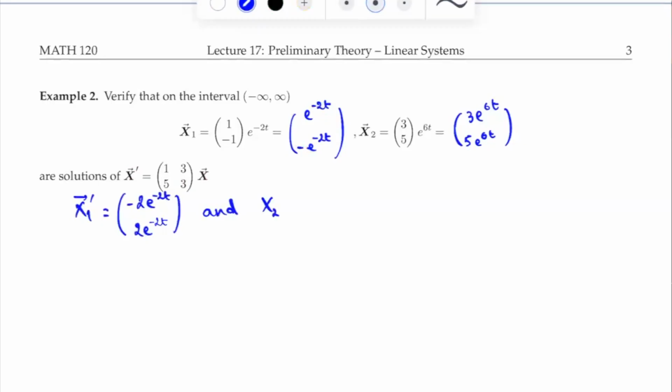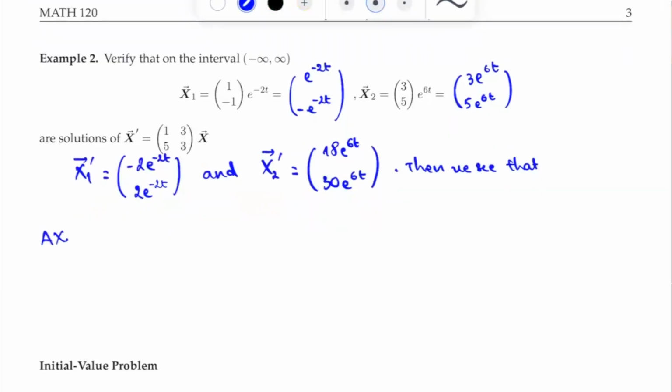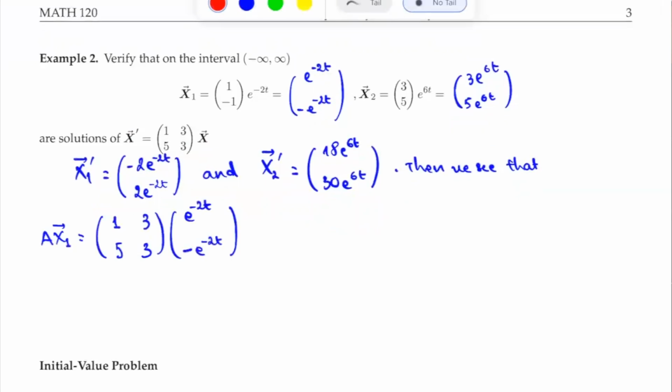And for x2 prime, you have 18 e to the 6t and 30 e to the 6t. Then we see that A times x1, given A is the coefficient matrix 1, 3, 5, 3, multiplied with x1, that is e to the negative 2t, negative e to the negative 2t. So x1 is right here.